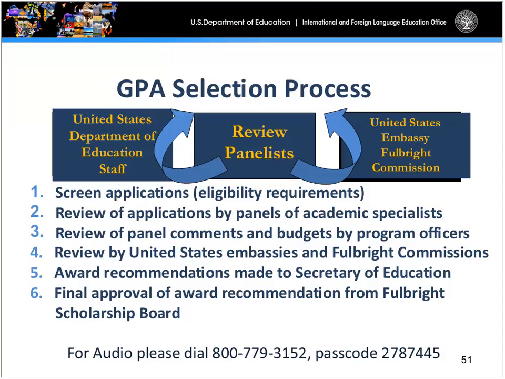You will receive those comments whether you're successful or unsuccessful, so you'll have an idea of how the reviewers viewed your application. And in the event that you are not successful, you can use those comments to really anchor in on what you need to do moving forward should you decide to apply for fiscal year 18.